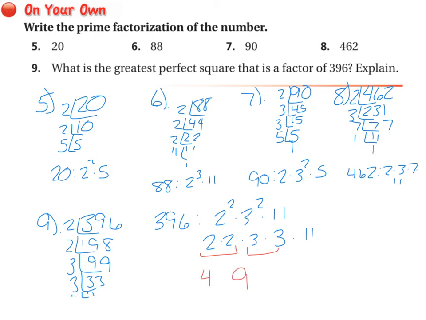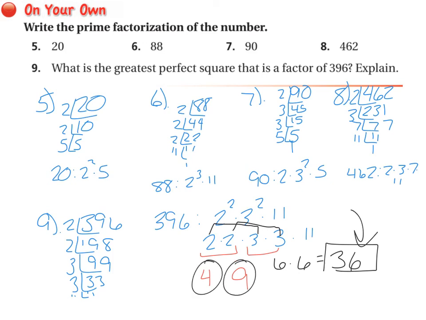And then finally, notice that I have a perfect square in, there are 2 pairs of 2 and 3 right here. So one of my perfect squares would also be 6 times 6 because I have that pair. So the greatest perfect square that fits into 396 is 36, and you can divide that and check and make sure, but I'm sure that is your answer right there. Here are your other 2, 4 and 9.